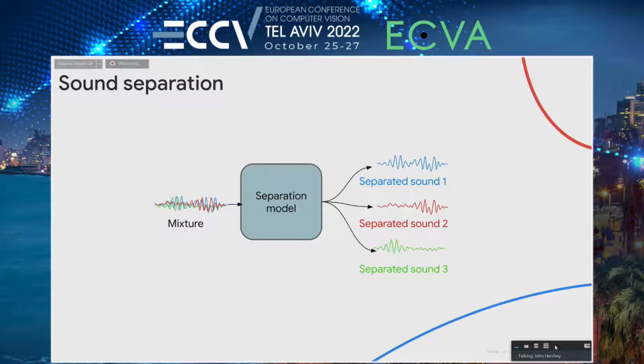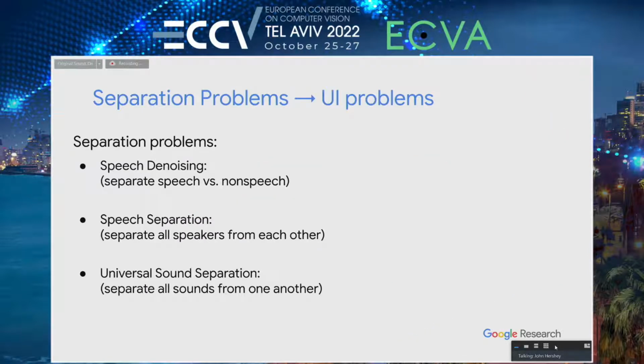As you all know, sound separation involves taking in a mixture of sounds, running it through a model that produces estimates of the individual sounds in the mixture, whether they're speech, non-speech, music, or what have you. We started with very constrained problems where, for example, in speech denoising or enhancement, you're separating speech from non-speech.